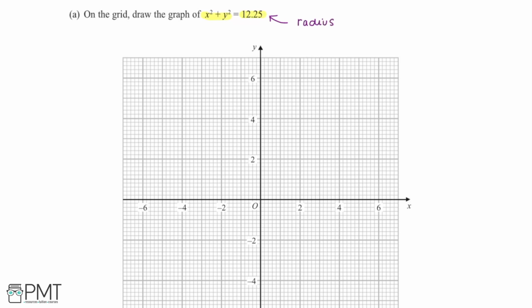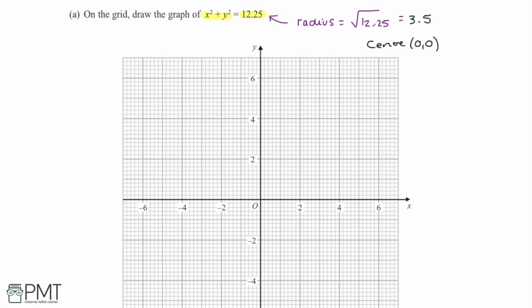So the radius is going to be equal to the square root of 12.25, and that gives us a radius of 3.5 and this centre of (0, 0).